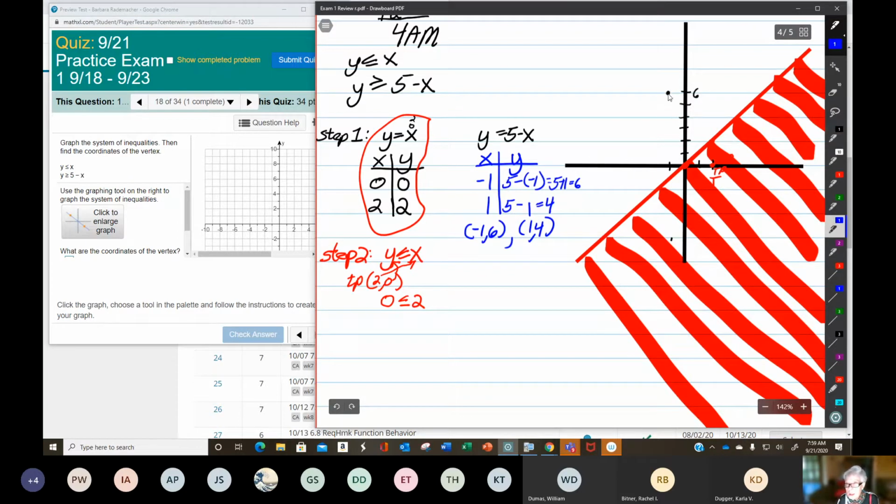Let's make it blue. And then 1, 4, here's 1. 1, 2, 3, 4 will be about here. And then I graph a line. Remember, all this is still on my paper. Skinny line.